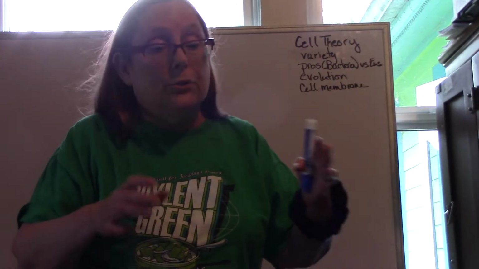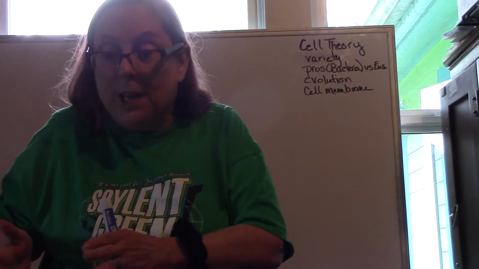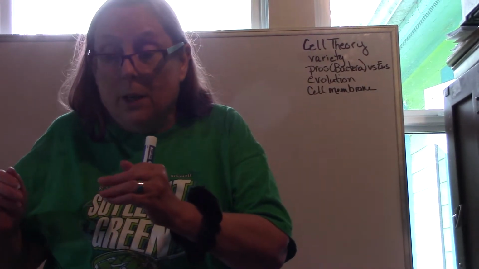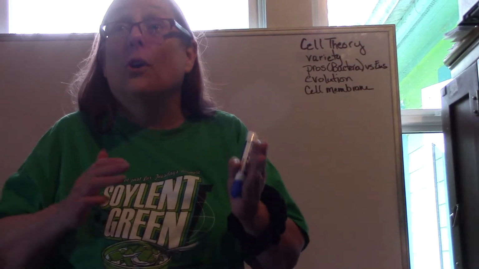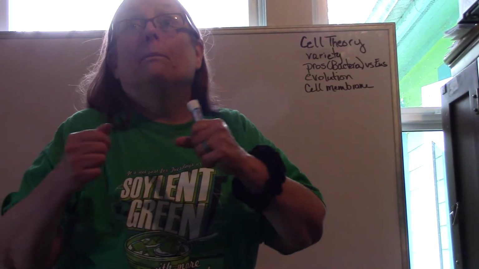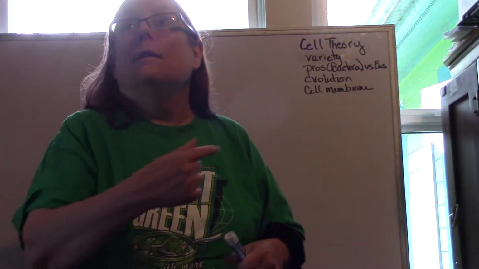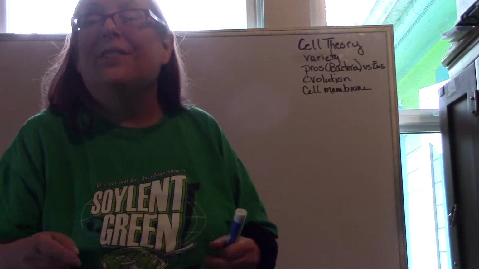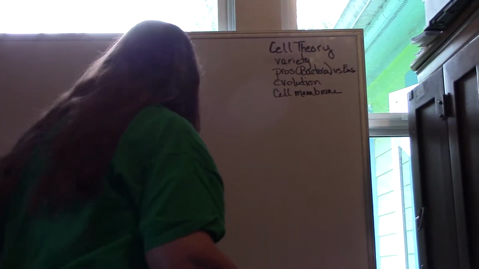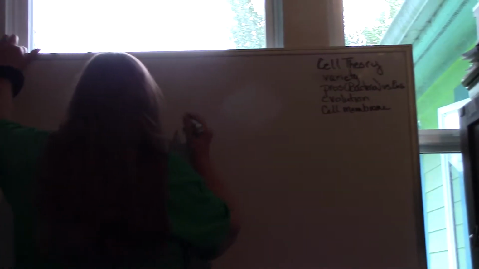Some of those same things that I put down for the prokaryotes bacteria are also relevant or true of the domain archaea, but not all of them. So that's what I want to do first.